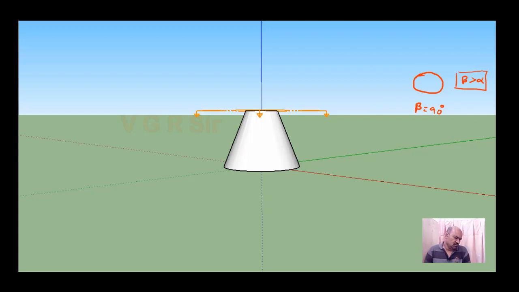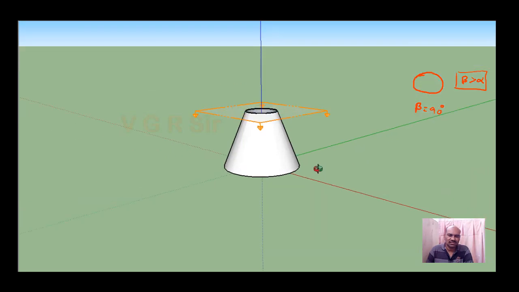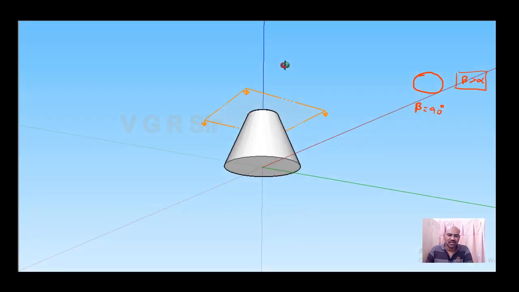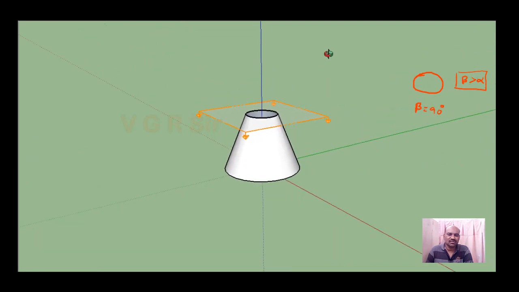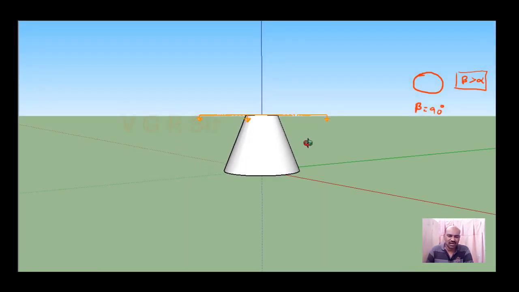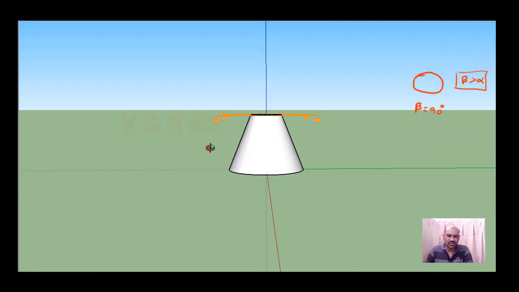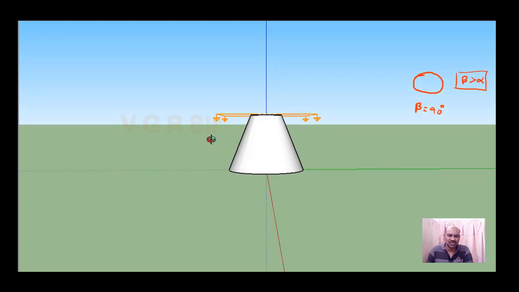Okay students, now I want to close this. Now I want to change the angle between plane and axis.